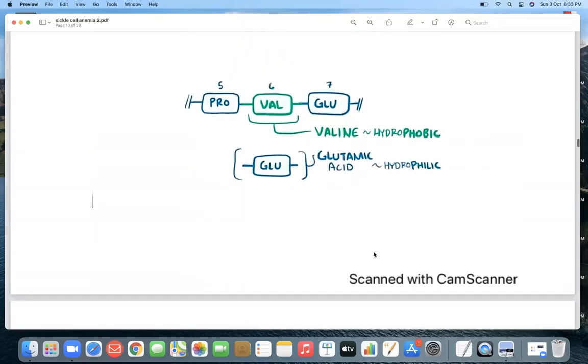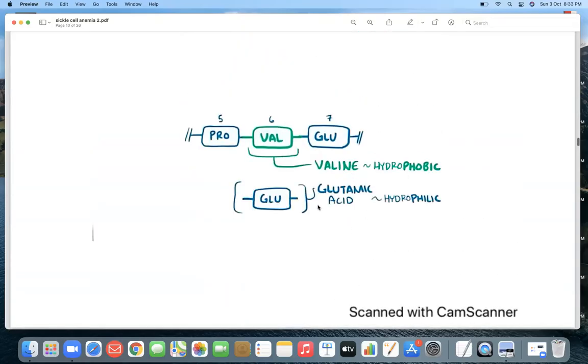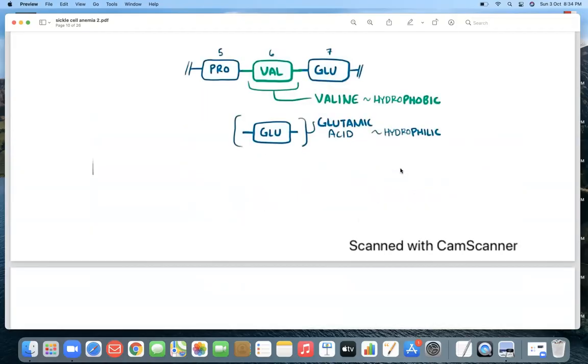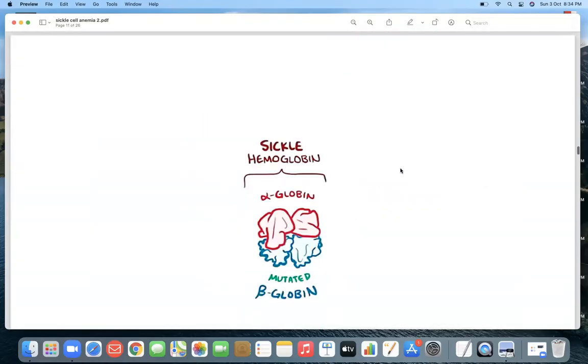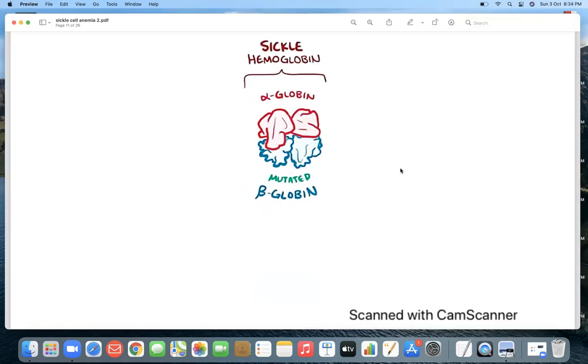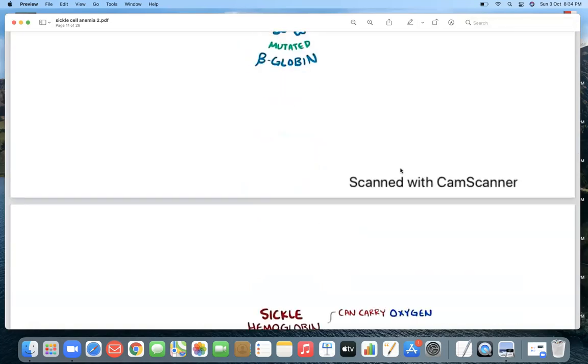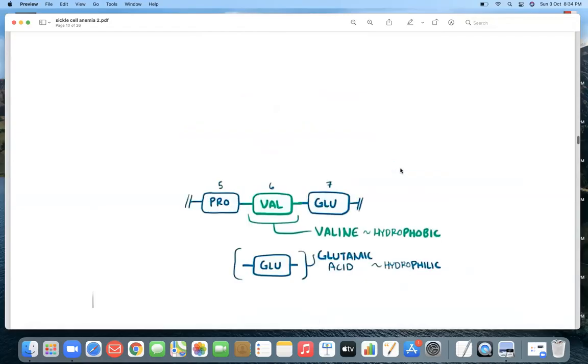Okay, and one more thing you have to know, they are opposite in their character. Glutamic acid is hydrophilic and valine is hydrophobic. This is one of the reasons why it becomes misshapen. Again, Noor, I did not hear that one. I missed it. What was that?